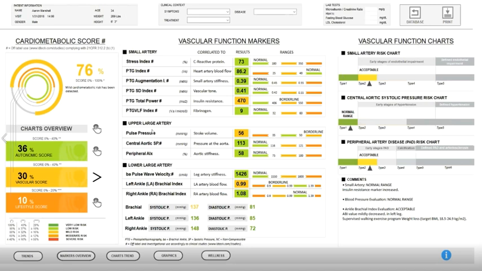The upper large artery is basically the pulse pressure. This is the analysis using the pressure cuffs, and it provides us with markers for blood pressure, or central systolic blood pressure. And then the lower large artery has to do with the ABI measure.